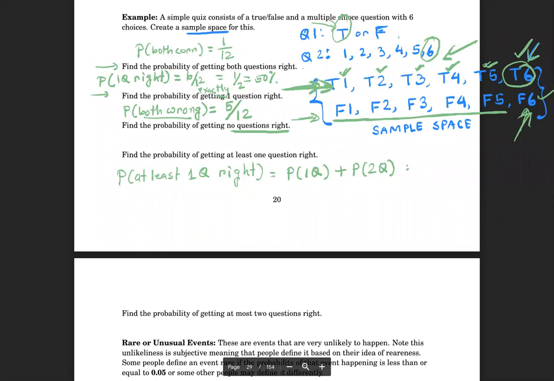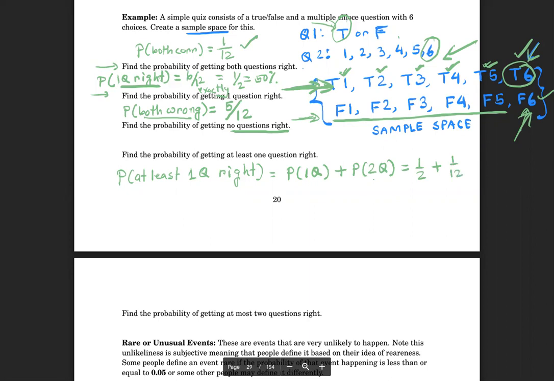The probability of exactly one question right, we got it already, which is 1/2, plus the probability of getting 2 questions right, we also got that one, which is 1/12.